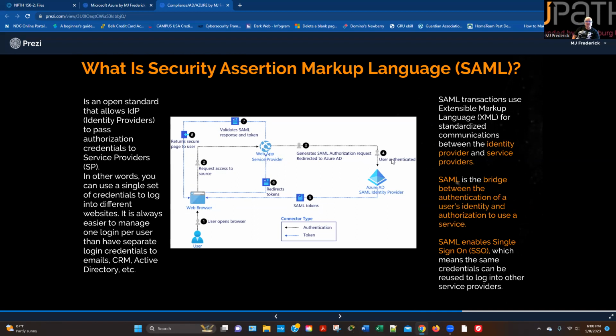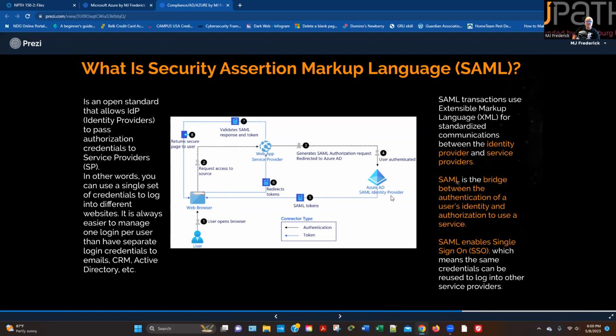The user gets authenticated. Then the Azure Active Directory SAML identity provider issues those tokens. And from there, it goes back through the web browser, which redirects the tokens, and then goes out to the web app server again, which validates the token and responds.